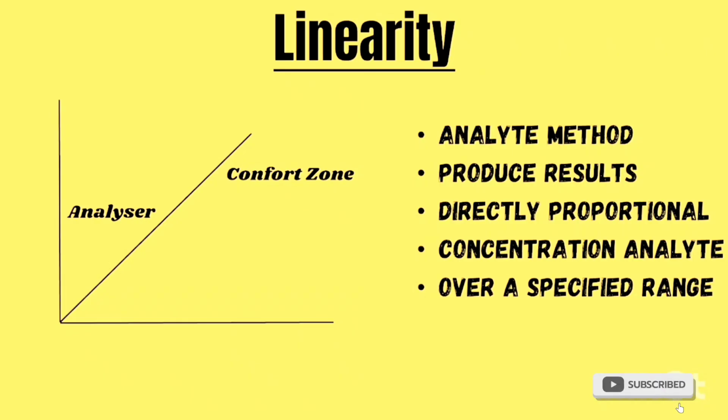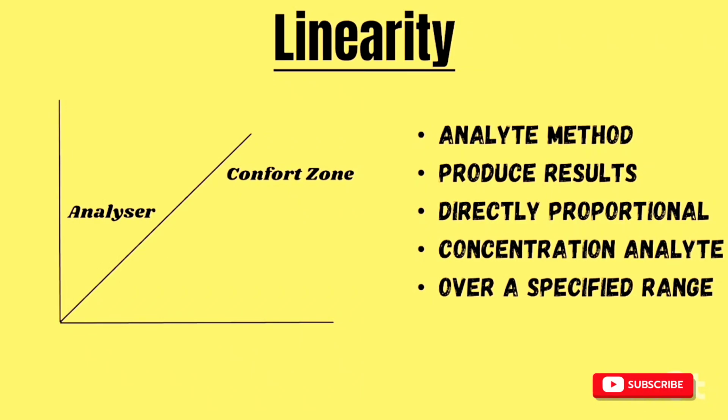Any concentration of something that you want to measure that is in the sample, that is the analyte. So when you use that analyte method to get a result that is directly proportional to the concentration of what you are analyzing in that sample, obtained from a specified range, that is what linearity actually means.